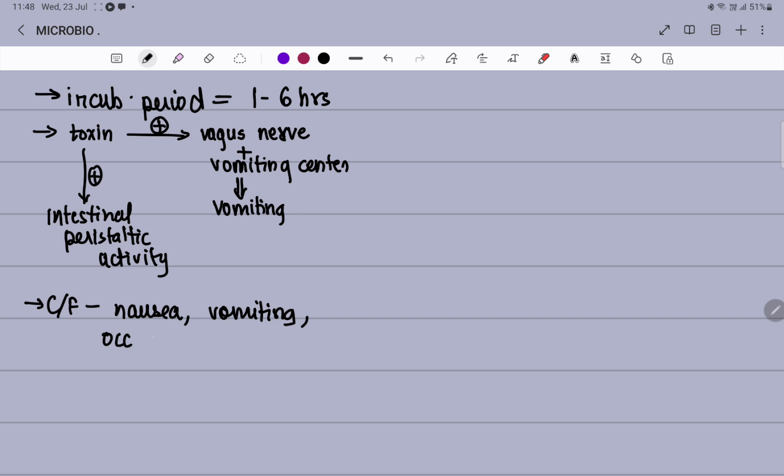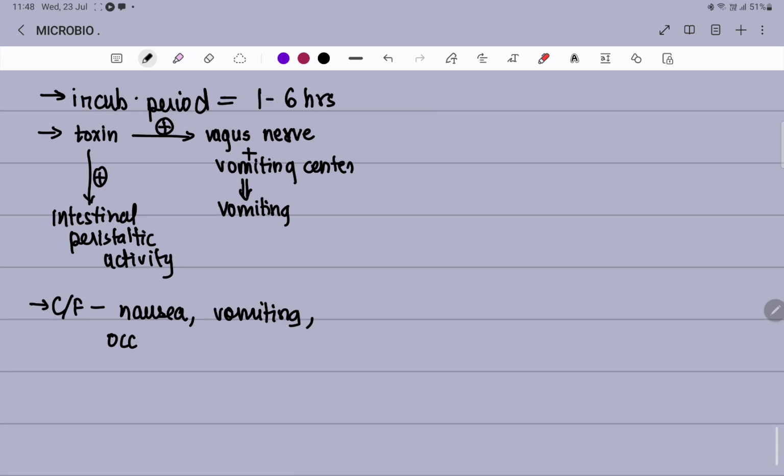So nausea, vomiting, and occasional diarrhea, not every time, but occasionally. It can also cause hypotension. The hypotension is purely because of dehydration, so we also need to mention dehydration.